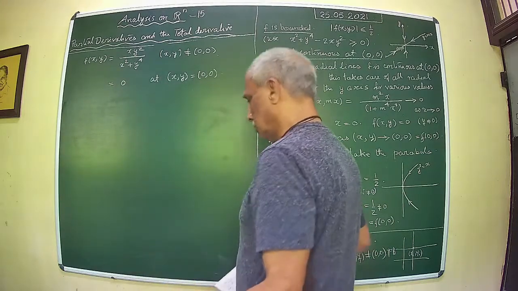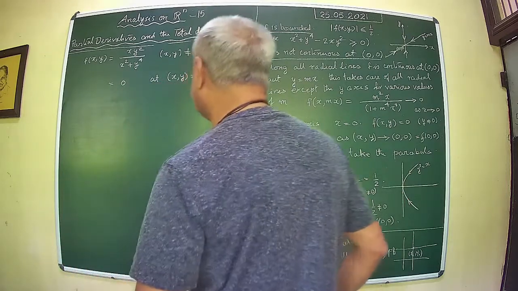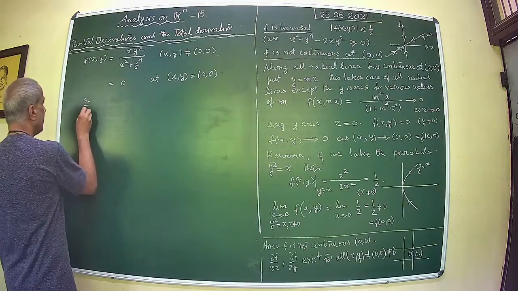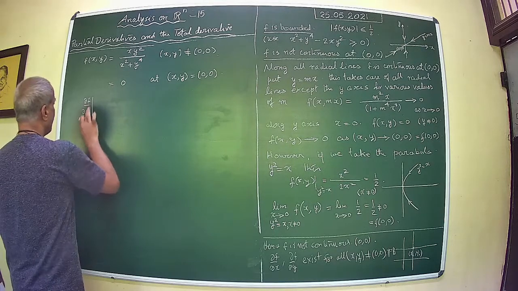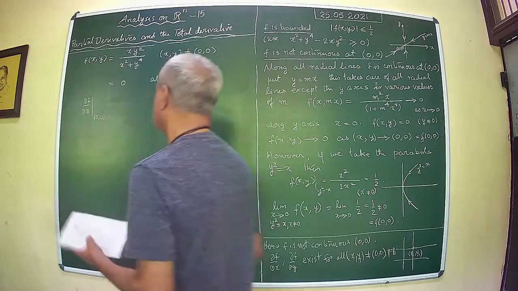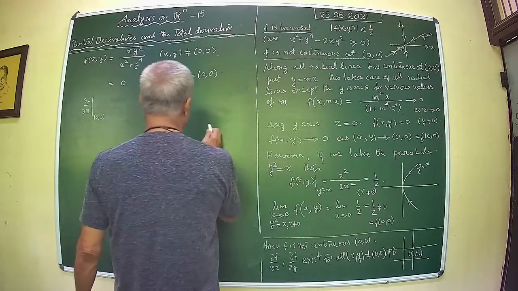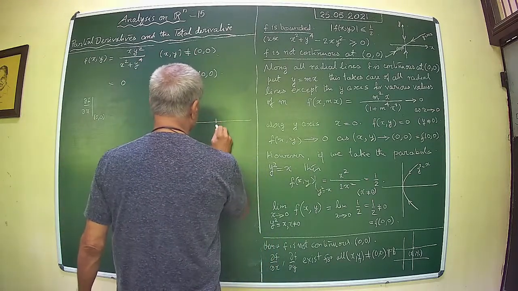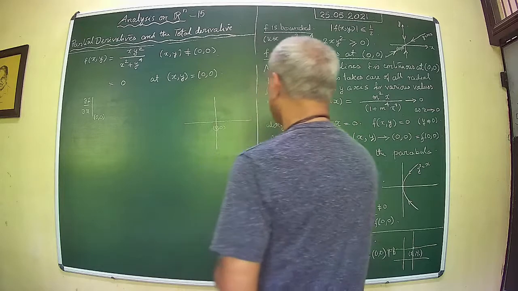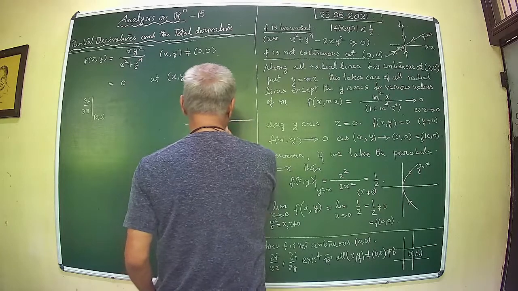Yeah. So how do you work with that? See, the variation when you take df by dx, you keep y fixed. So you are looking at the function along this direction, and you are interested at this point.